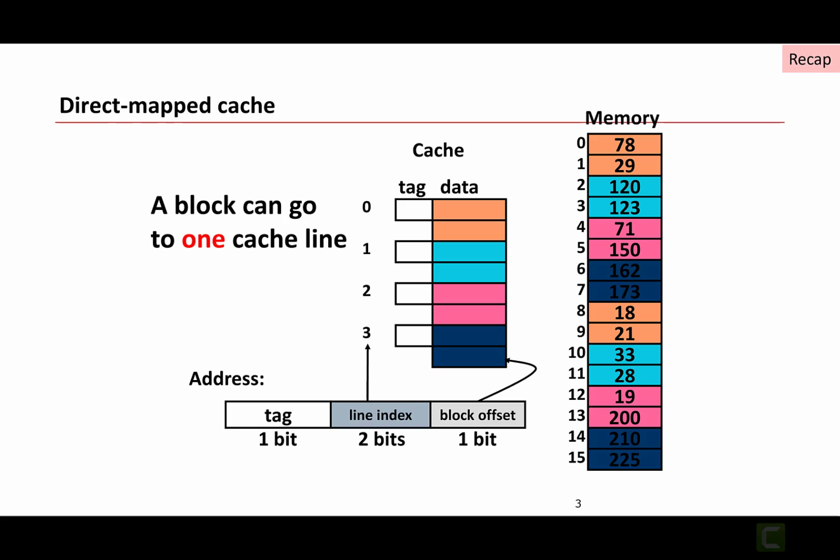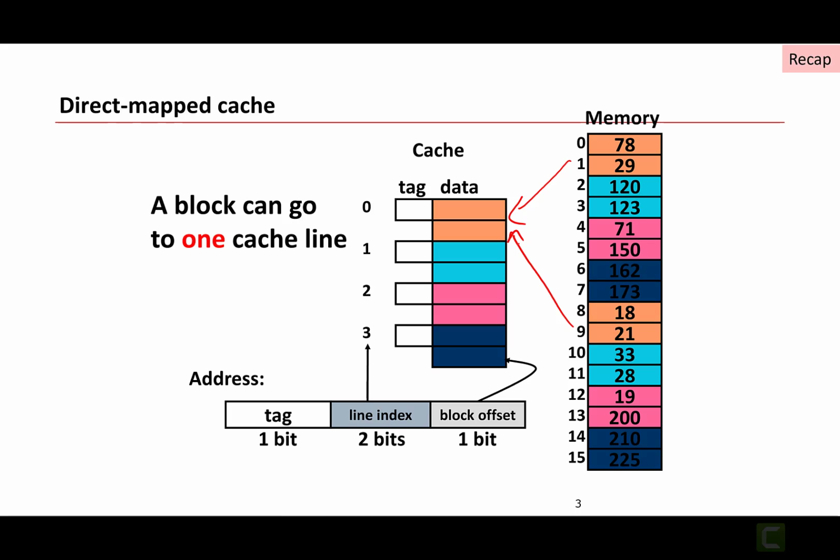So in the direct mapped cache, a given cache block can be stored in exactly one cache line, and that can often lead to a lot of conflict cache misses, because now several cache blocks that map to the same cache line can compete with each other. As a result, they can kick each other out of the cache, leading to a number of conflict misses.